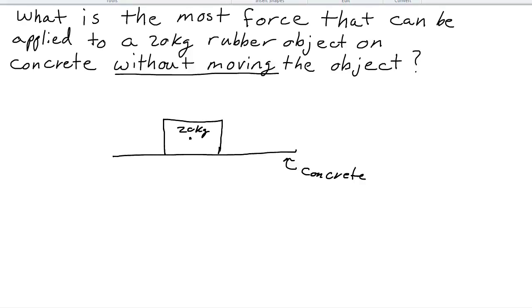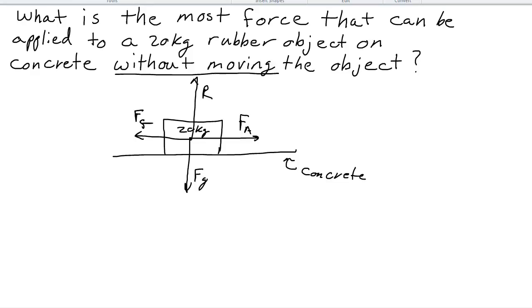We have the force of gravity acting on the object, the reaction force pointing straight up against the force of gravity, some applied force that we don't know what it is, and some force of friction that we also don't know.